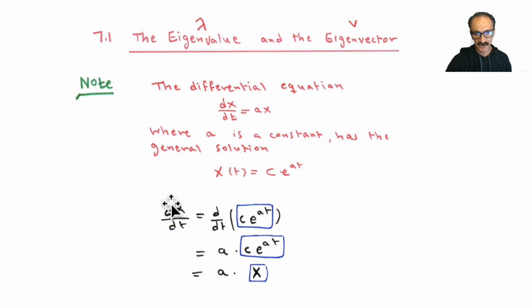Which means the differential of x with respect to t is the same as x multiplied by a constant. This happens when your functions x look like this, exponential functions with base e.